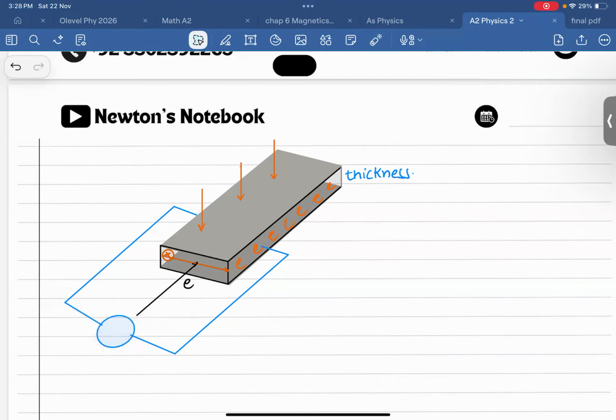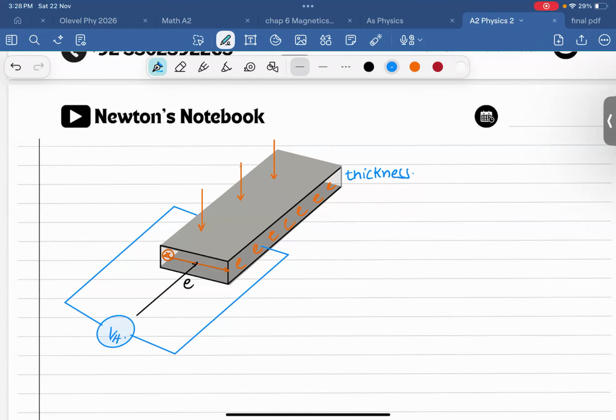This is the Hall voltage VH. So the Hall voltage will appear across the two faces of the semiconductor.